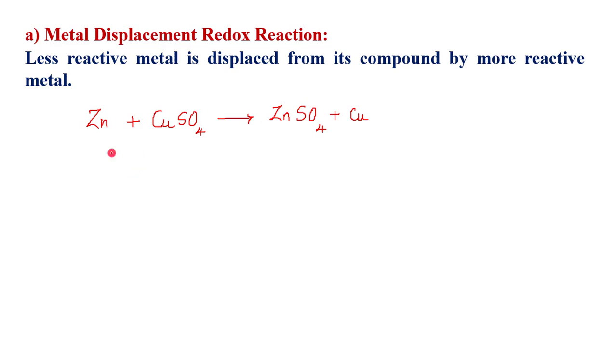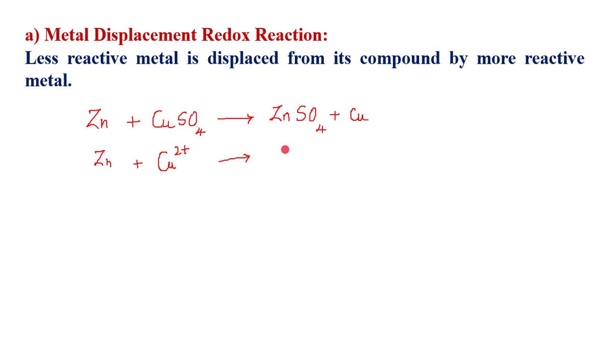Okay, one more example. If you want to check whether it is redox or not, you can write like this: zinc plus copper sulfate. Sulfate is common on both sides, so it is like a spectator ion, I will write only Cu2+. Copper in this compound has charge plus 2.